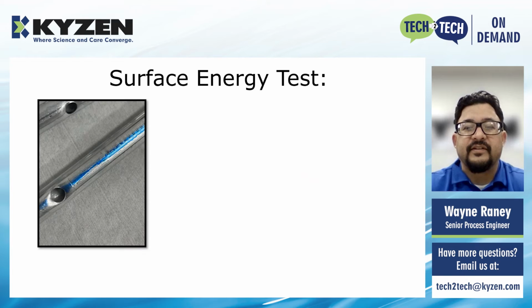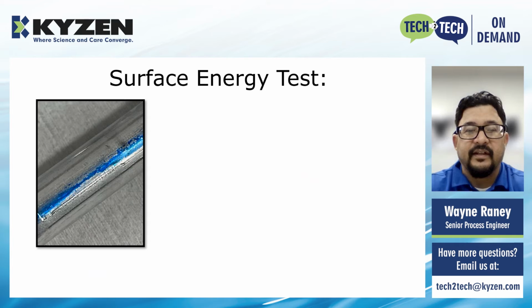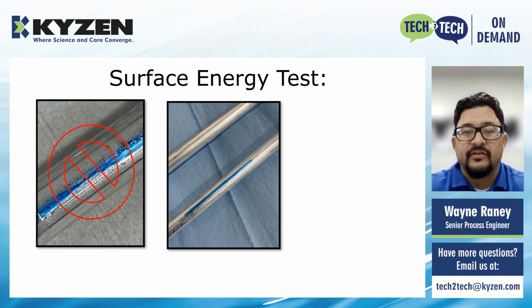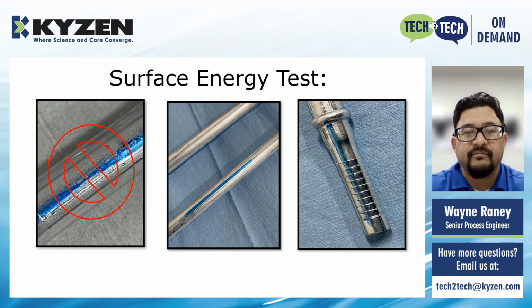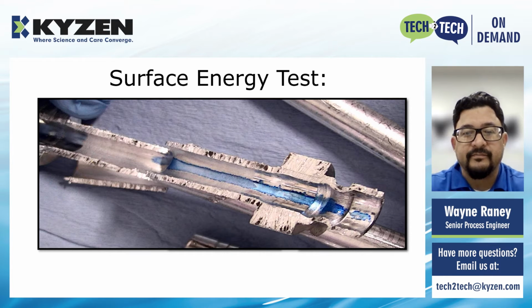You perform the surface energy test right on the part, but on the left, you can see that the line appears to be broken. It loses uniformity, which indicates that the surface energy at that point is less than that of the ink. The picture on the right shows a cutaway view of the solid line. That's this piece right here.